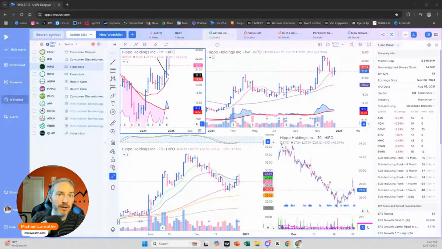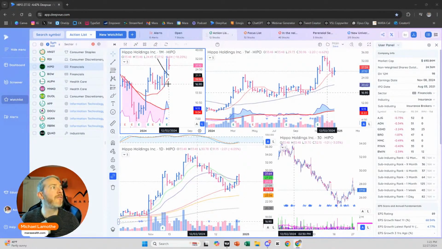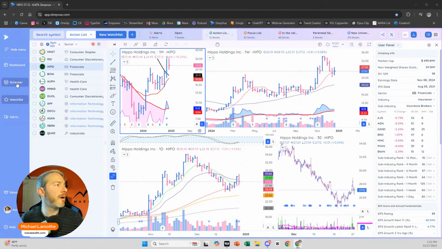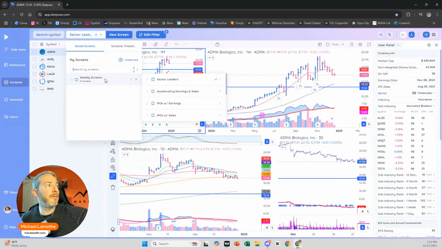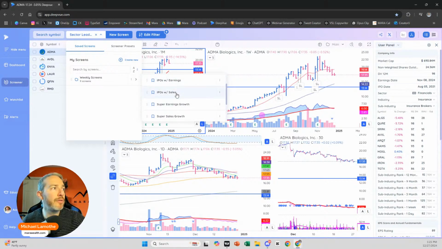This is a tool that I use for all of my screening. What I'll do is come into Deep View and run a variety of screens. I've got 9 of them, and I'll run each of them once a week, looking for stocks that are potential sector leaders, stocks that have accelerating earnings and sales, IPOs with strong earnings, IPOs with strong sales, stocks in general.